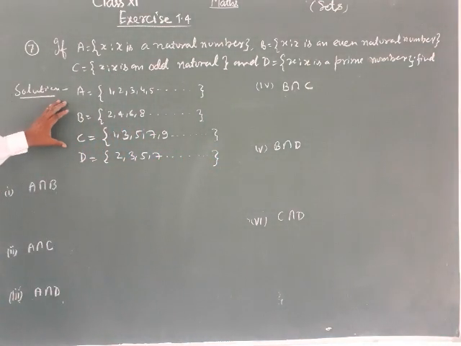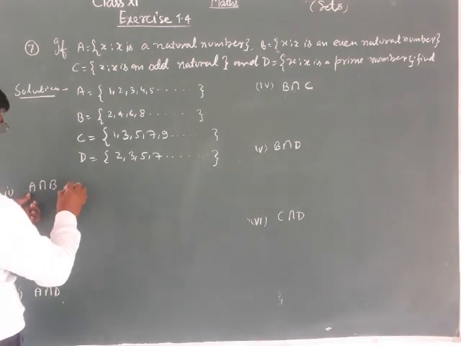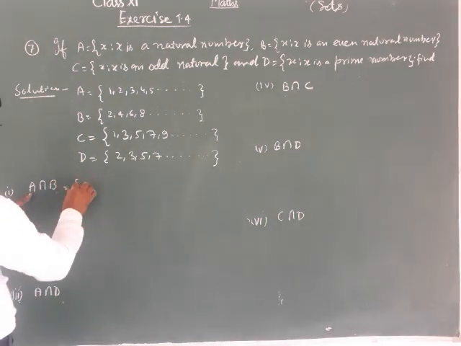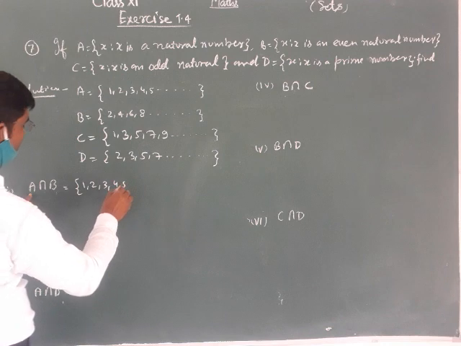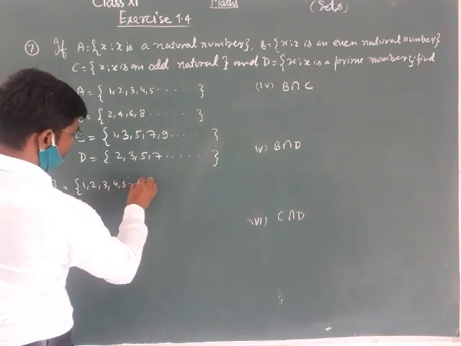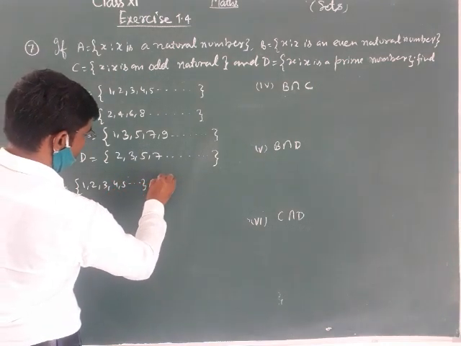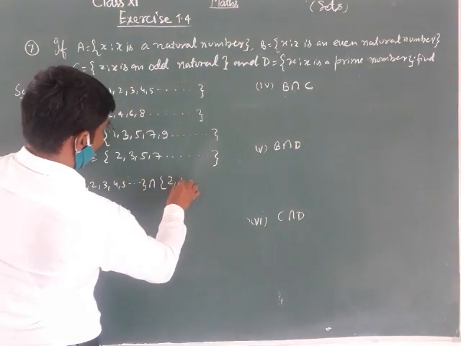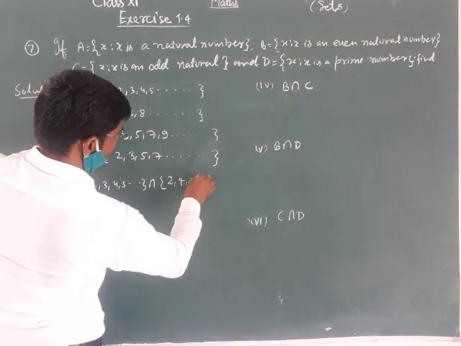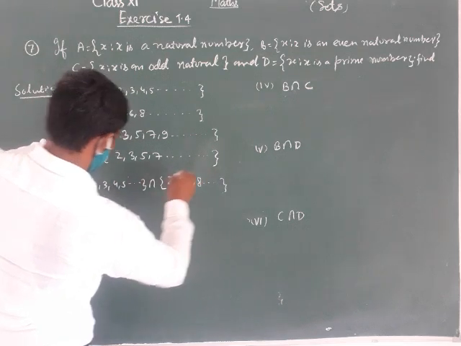Now with the help of the above given sets, we find A intersection B. A has the elements 1, 2, 3, 4, 5 and so on, and B has 2, 4, 6, 8 and so on.